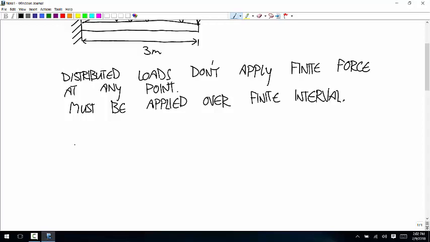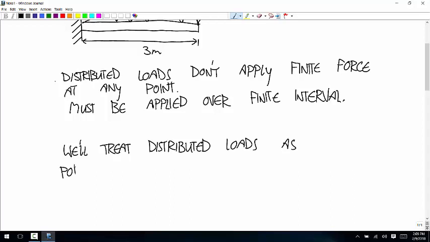So what we're going to do with distributed loads is we'll treat distributed loads as point forces.